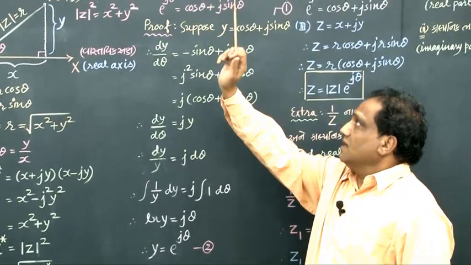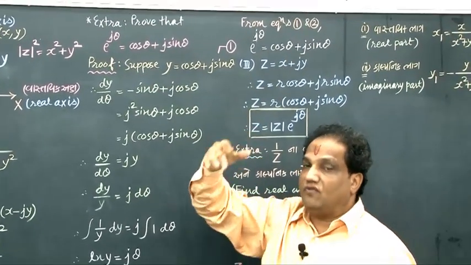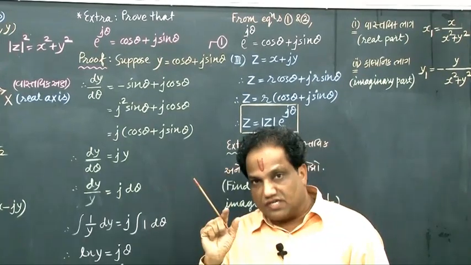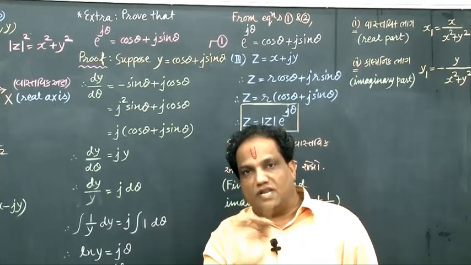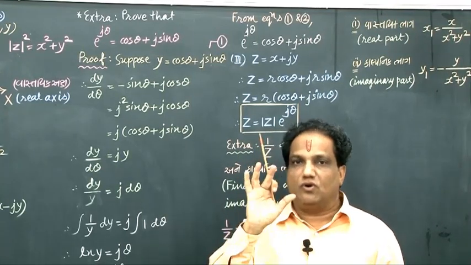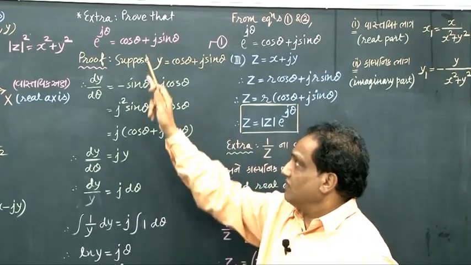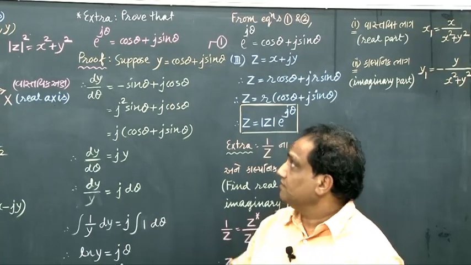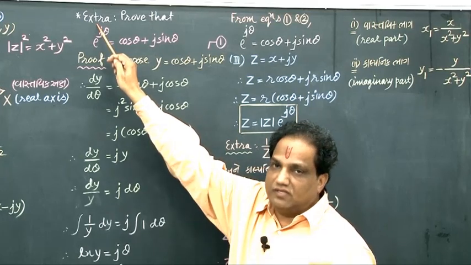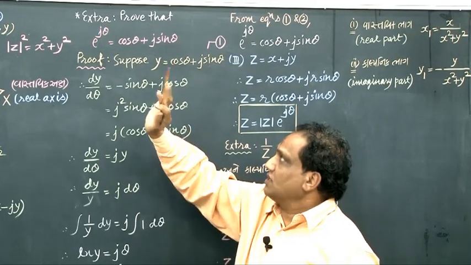Now, in the third way of representing a complex number, we are supposed to use one result. That result is not derived in the textbook. Nobody will ask in the examination. Just for your kind knowledge and understanding, I am giving that proof over here. Extra question.